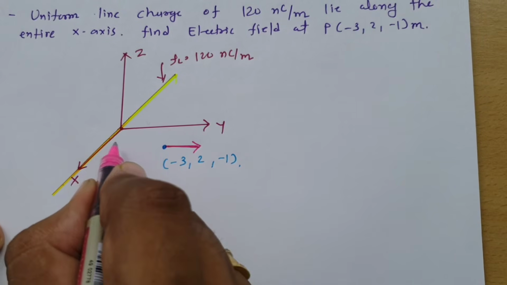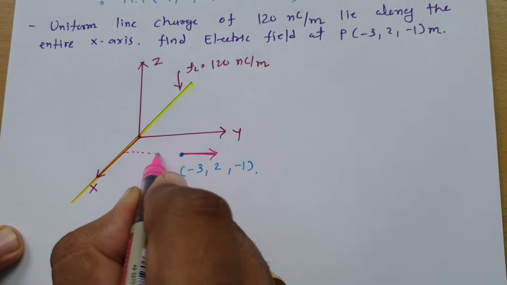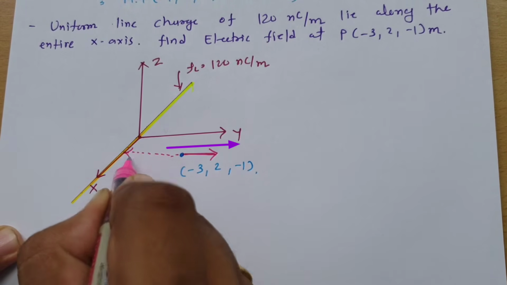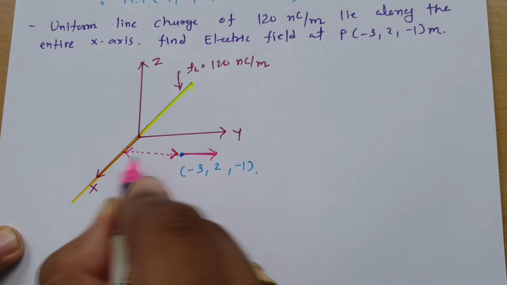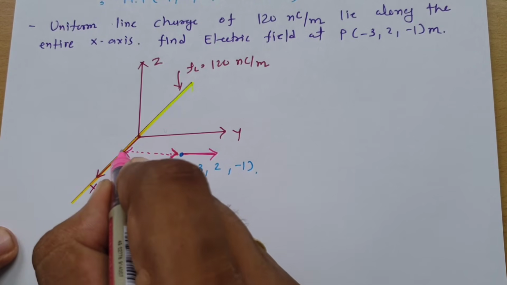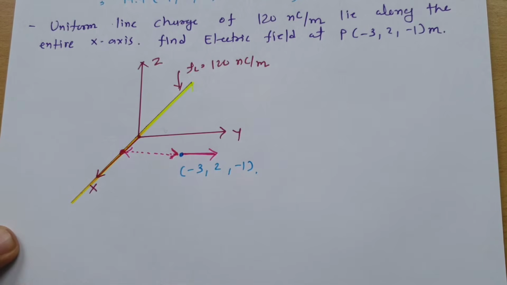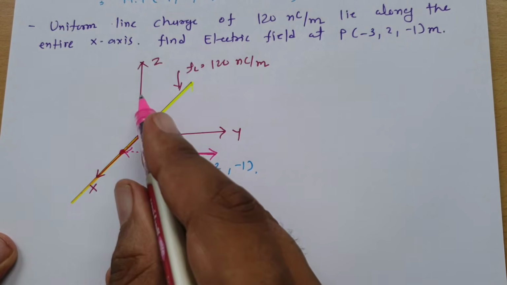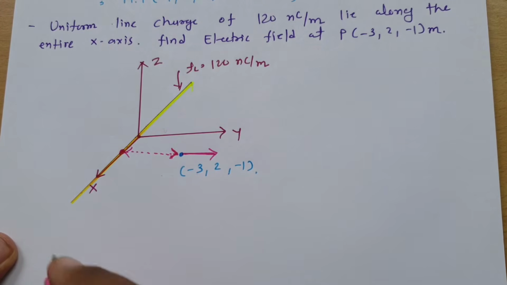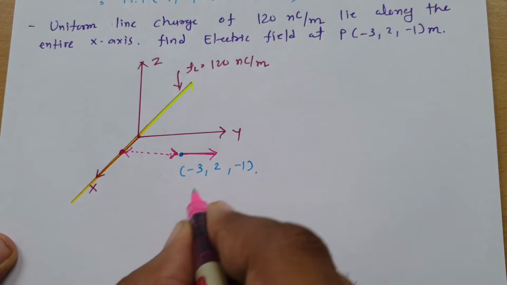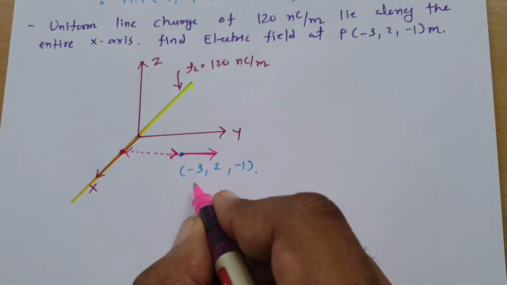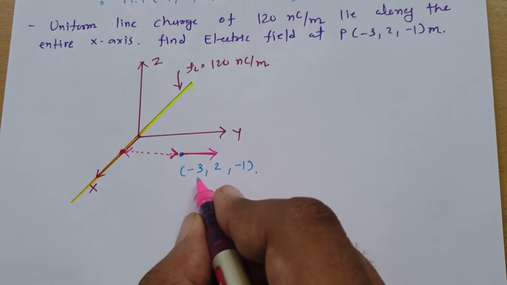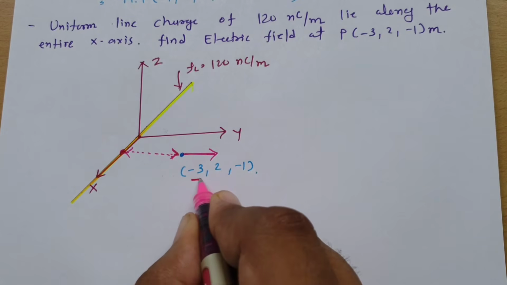So first of all, this is the perpendicular distance that we are talking about, the minimum perpendicular distance, right? And first we need to find this point. So what is this point? Now see, on the x-axis, the y and z coordinates will be 0, and the x coordinate is the same as this coordinate.